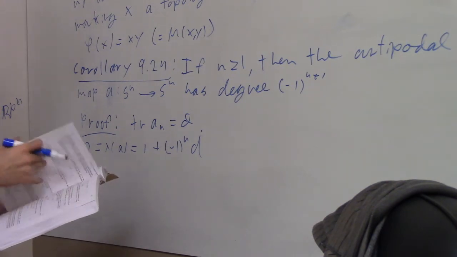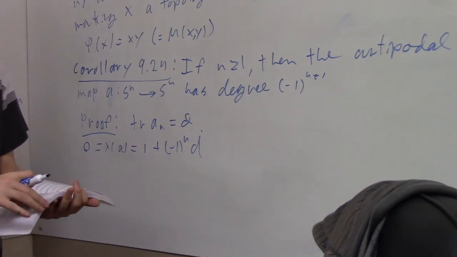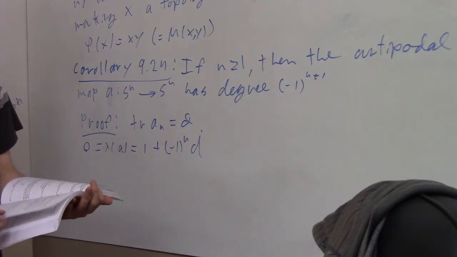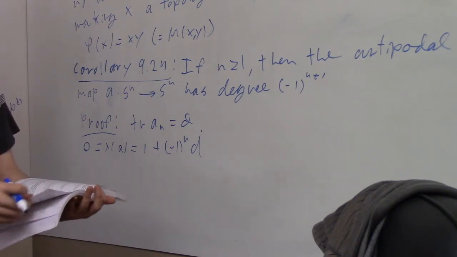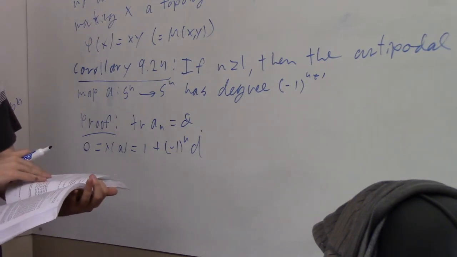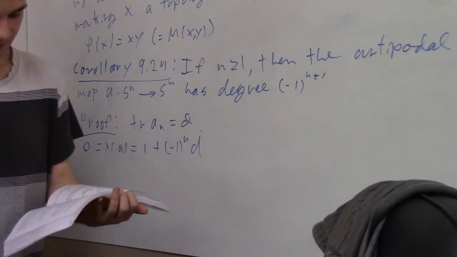So what remains in the chapter is this result. What's a tensor? We know what tensor products are, I hope.